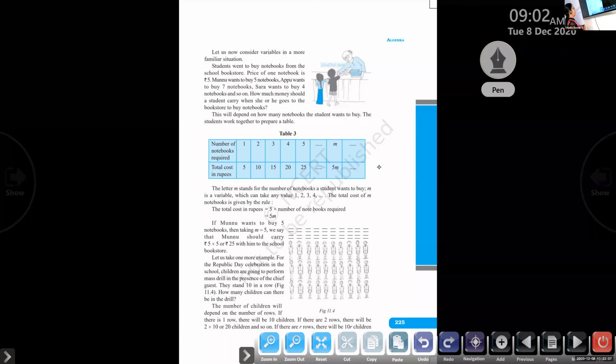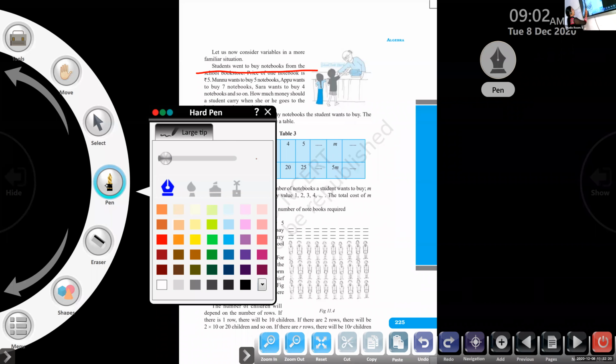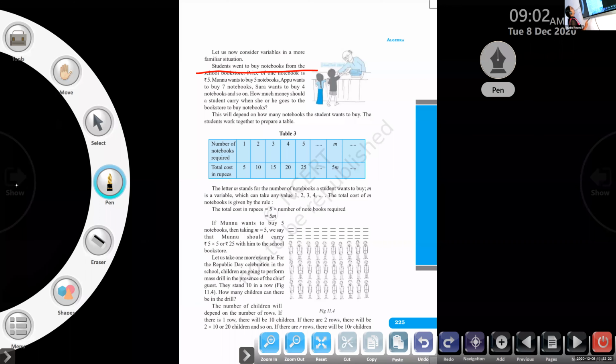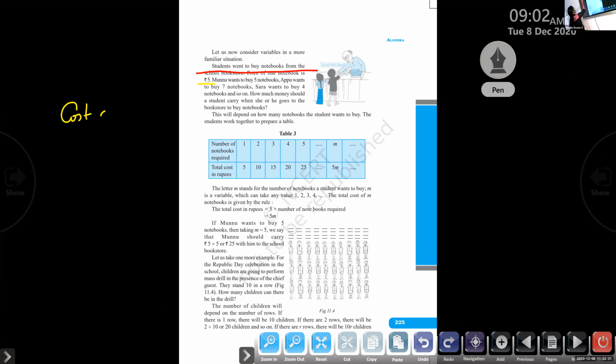Okay, children. Then I'll give one more example. See, one student wants to buy notebooks from the bookstore. And the cost of one notebook is how much?